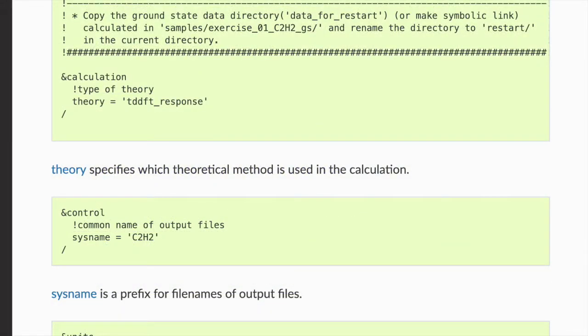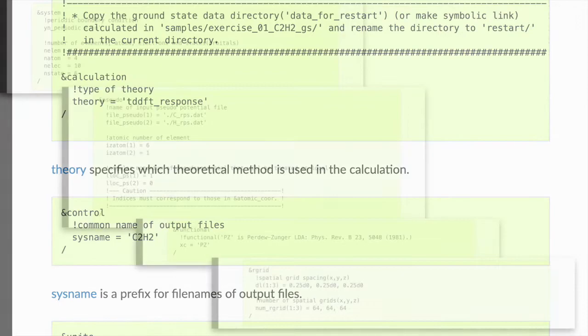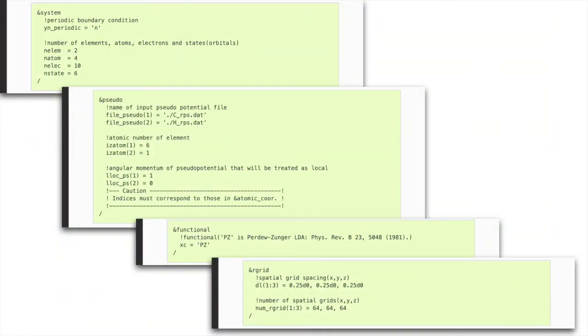In the first namelist, calculation, the value of the keyword theory is tddft_response. This was DFT in the ground state calculations. The namelists system, pseudo, functional, and rgrid must have identical settings as in the ground state calculations.